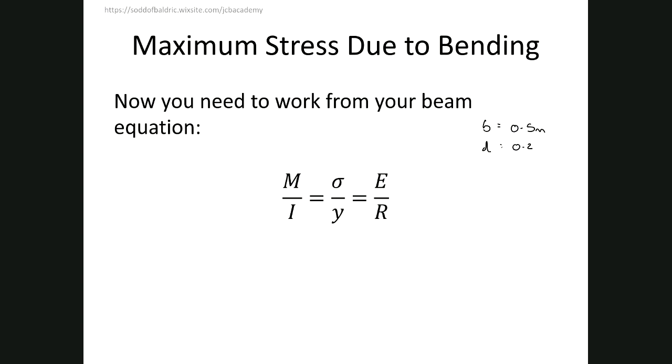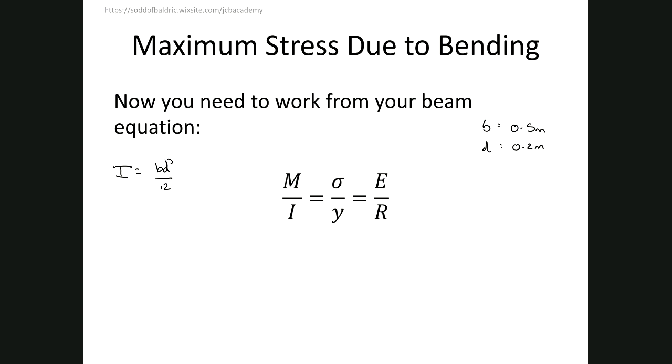That's in the question. Okay, so from that we can calculate that I is equal to B d cubed divided by 12. That is from the equation given to us earlier in this video.